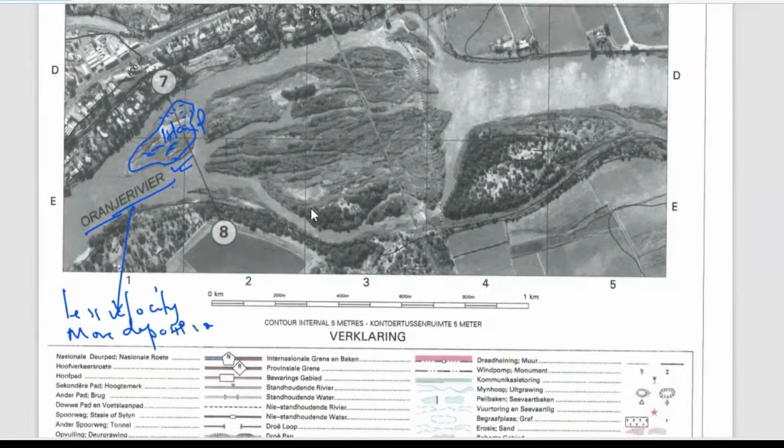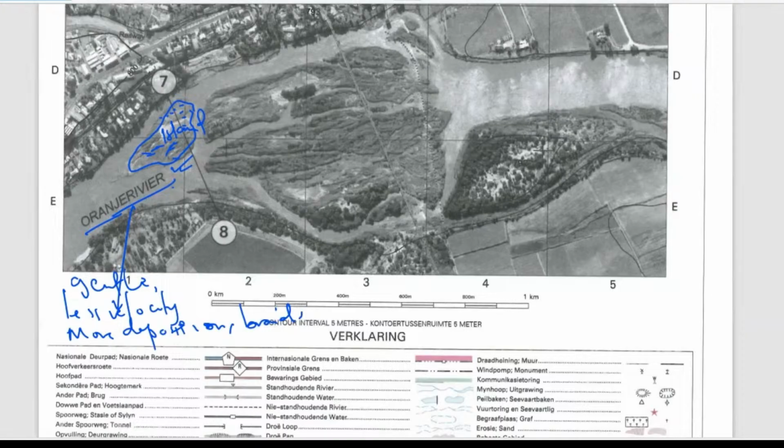And mainly because of general gradient. The area is gently sloping, is giving us less velocity, and there's more deposition. The deposition is the one that constitutes the development of braids, because the river is now depositing its load within its own channel. And as a result, there will be braids developing in the river channel.